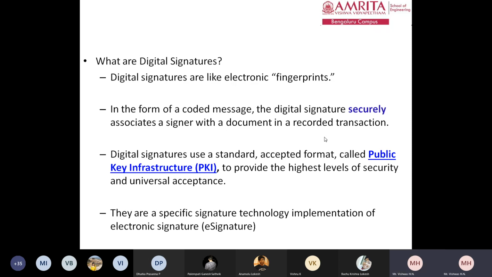Digital signatures use a standard accepted format called public key infrastructure (PKI). We will be discussing PKI in detail later, to provide the highest level of security and universal acceptance. Is that clear? There are specific signature technology implementations of electronic signature.